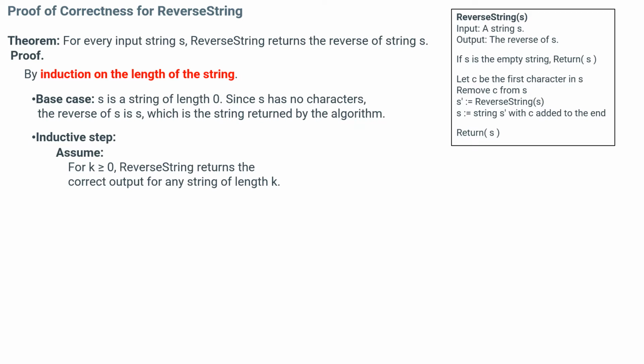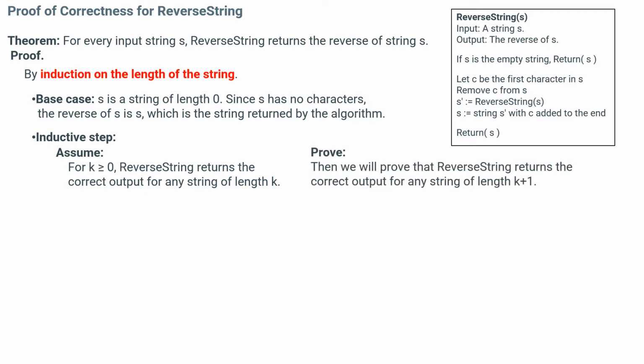So for any string of length k, being anything 0 on up, we're going to assume that it's true. And if that's true, then we need to prove that it also will return the correct output for strings 1 character longer. Again, what we're trying to prove is that this works for a string of length k plus 1.